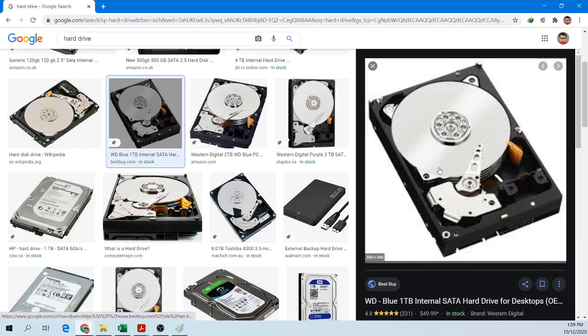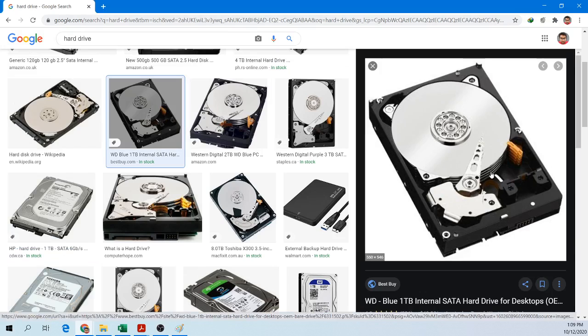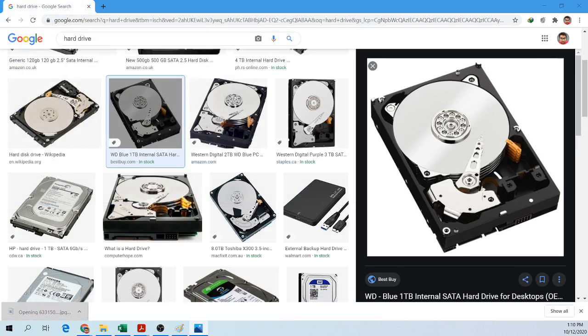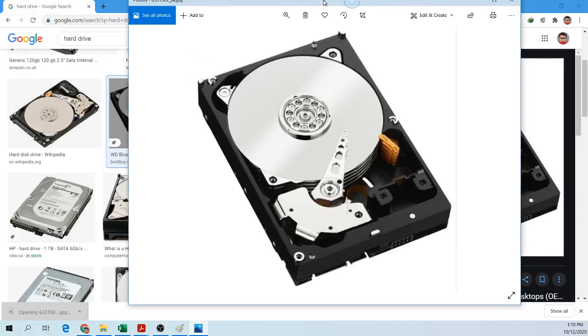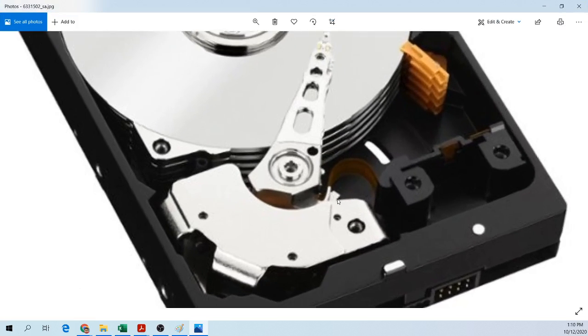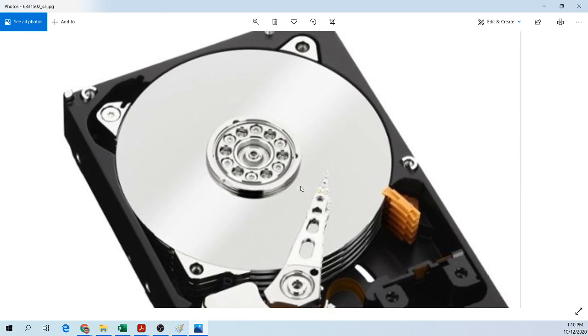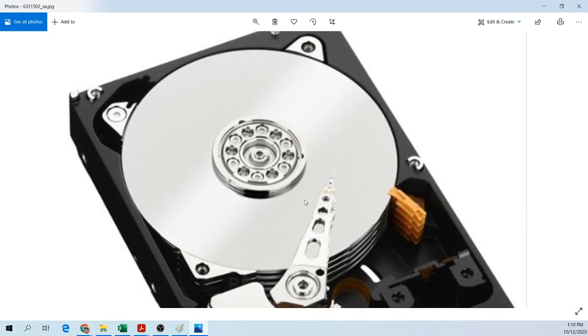But inside of it, you will see disks. If you look closely here, you can see about 5 disks. That's why we call it a hard disk also, because it's actually made up of disks, or we could also say platters.